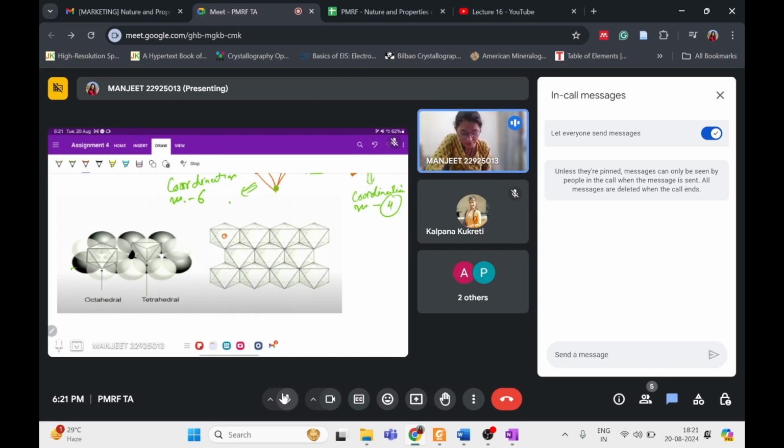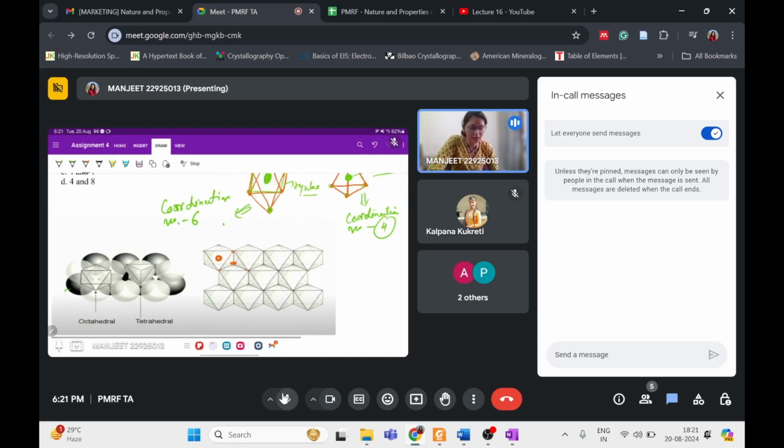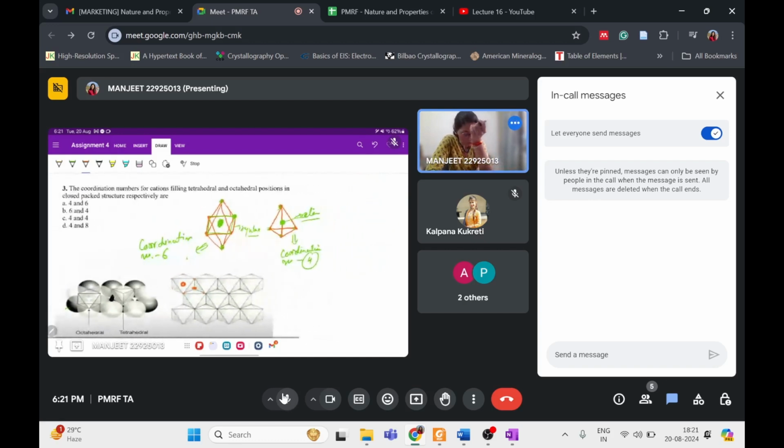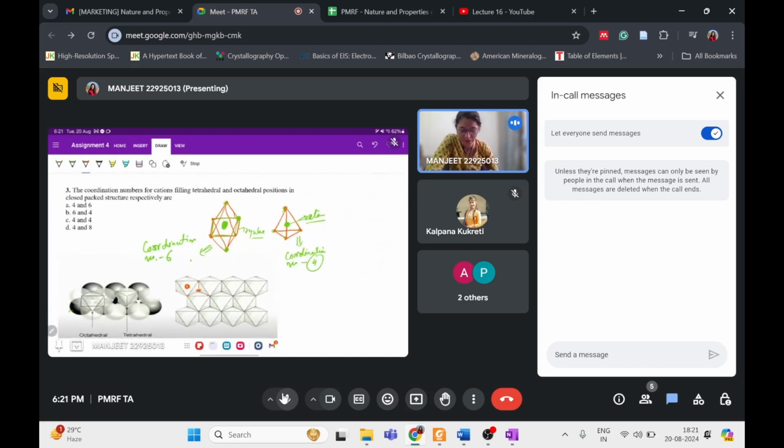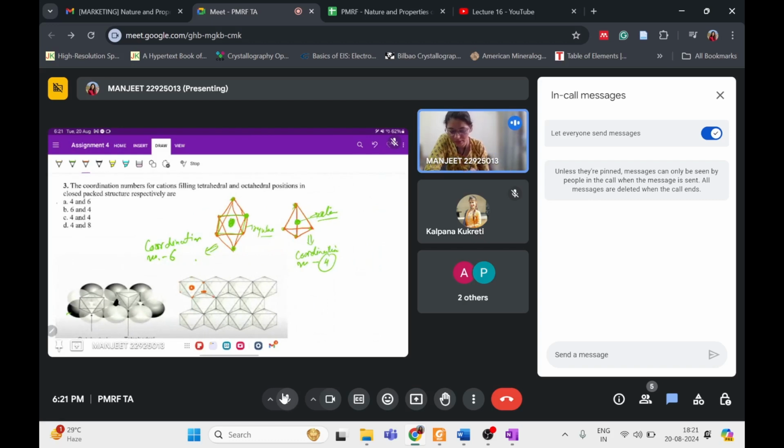Same thing here: when the atom is sitting here, it will be connected to 6 atoms, and if the atom is seated here, it is connected to 4 atoms. This is the atom site; this will be in between, something below this point, there will be a space, and it will be sitting here. So for the tetrahedron, it will be 4. So the right answer for this one will be 4 and 6.